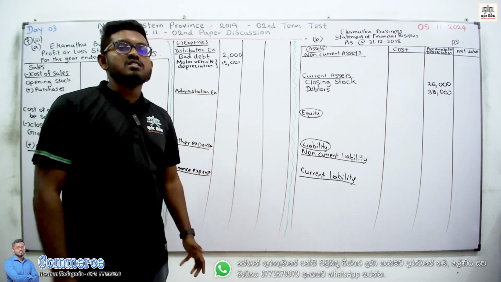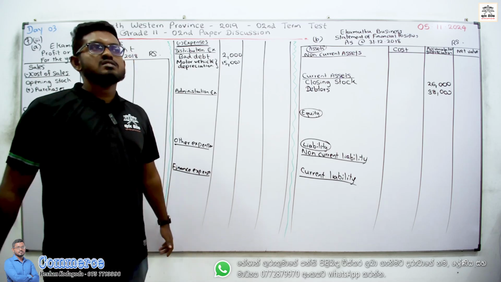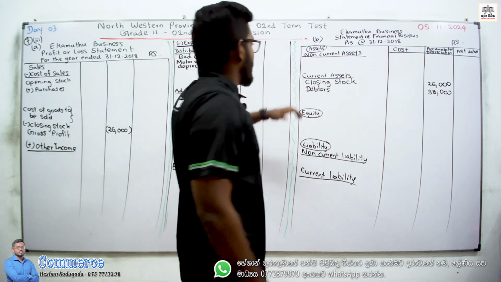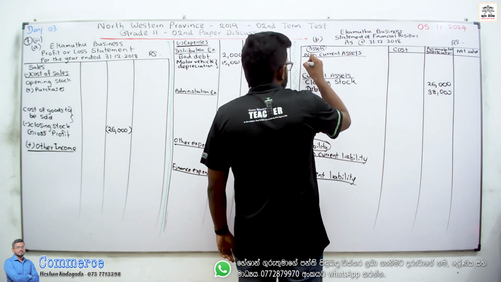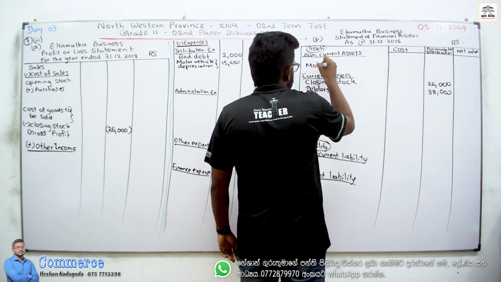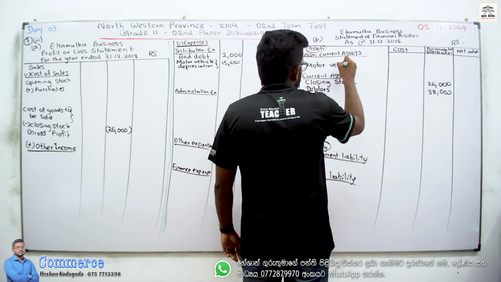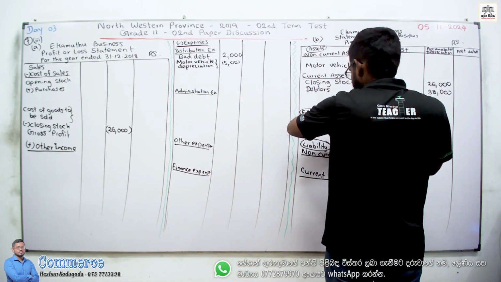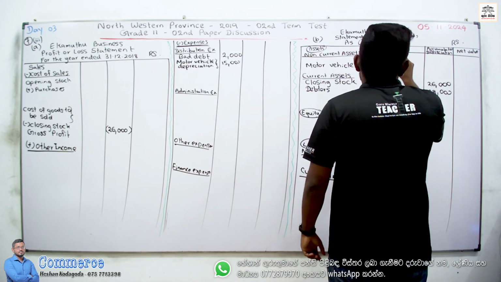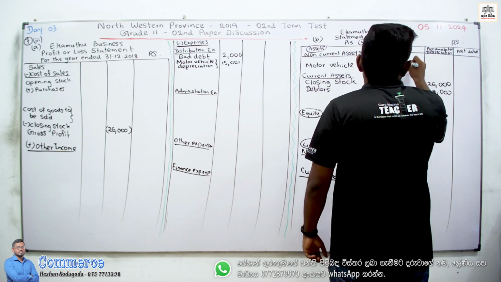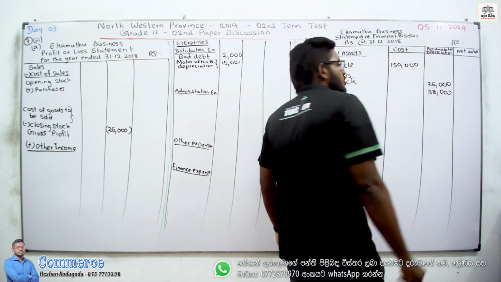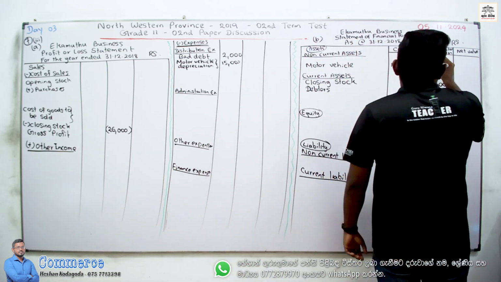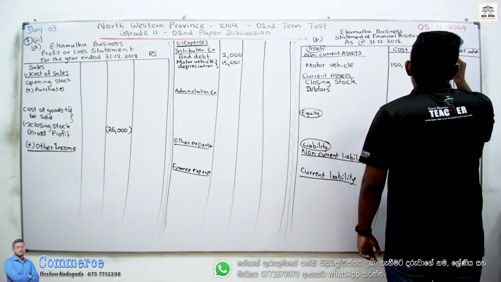Then you can catch up, right? Keep space to write the land, then write with me. It's 150,000. When it comes to accumulated depreciation, there is no previous depreciation. We are only taking this year's depreciation.